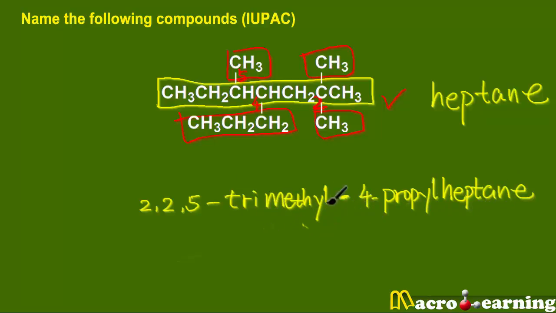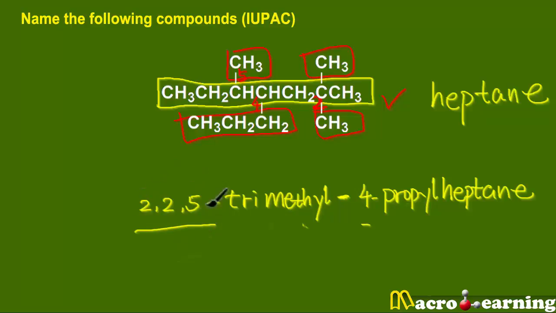Now, are we in the same order alphabetically? Yes, we are, because methyl is M, propyl is P, so methyl has got higher priority than propyl. But remember, the alphabetical order doesn't have anything to do with the numbering, right?